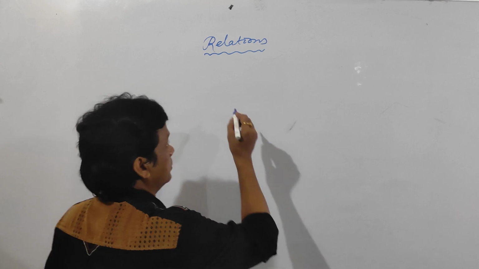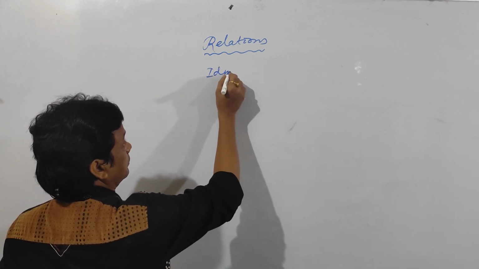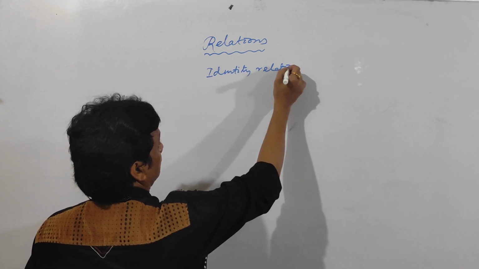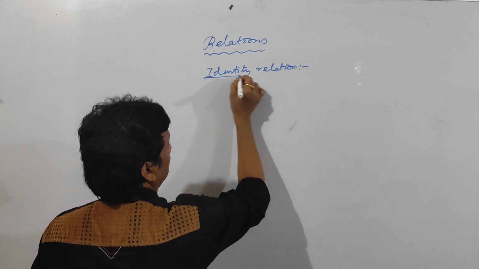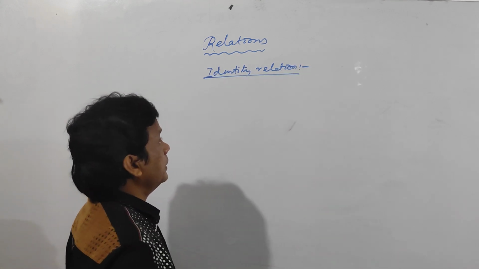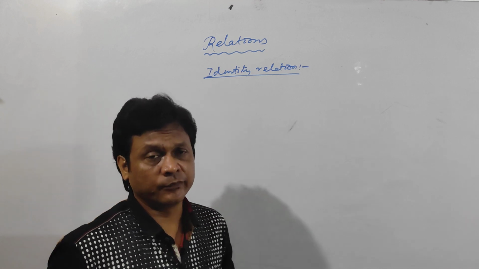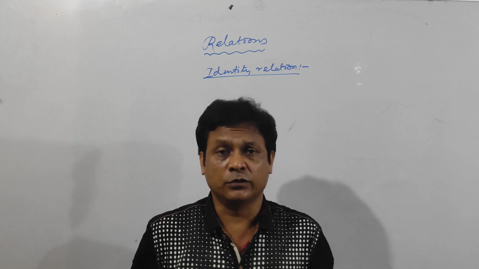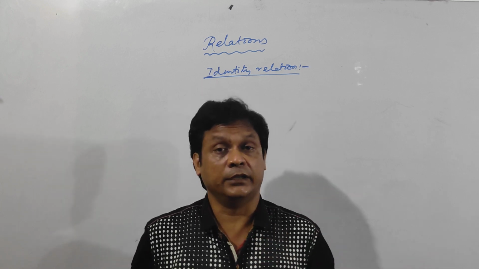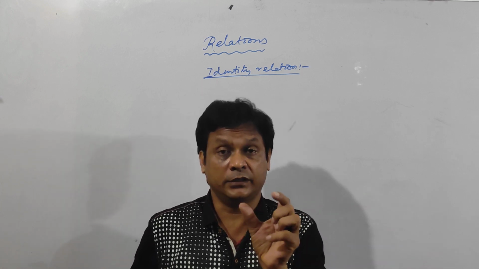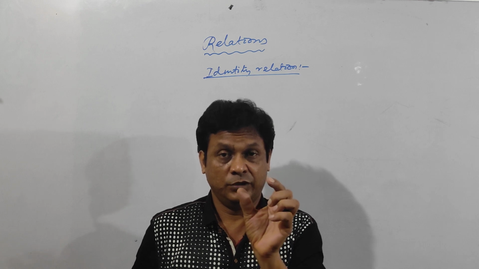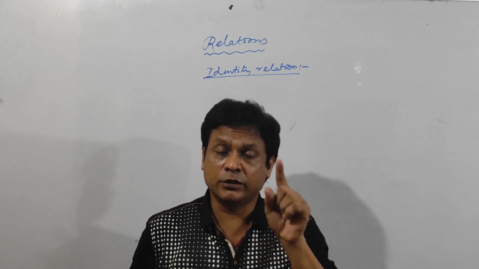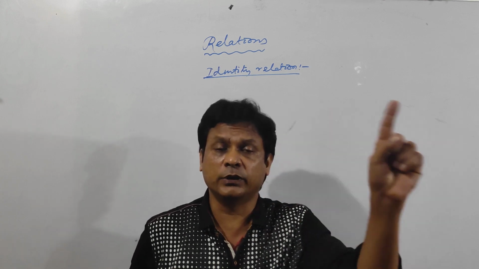Now, identity relation. See here. Identity relation means every element should be related to itself only. You should keep it in your mind. A is related to A only. A cannot be related to any other elements.